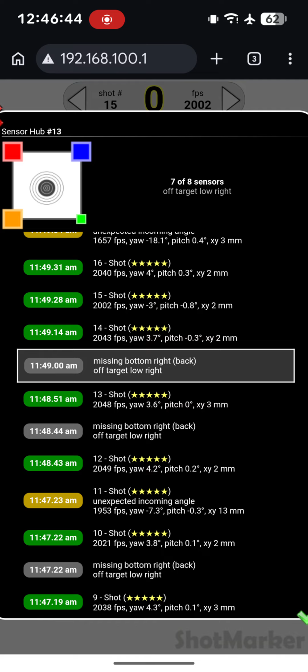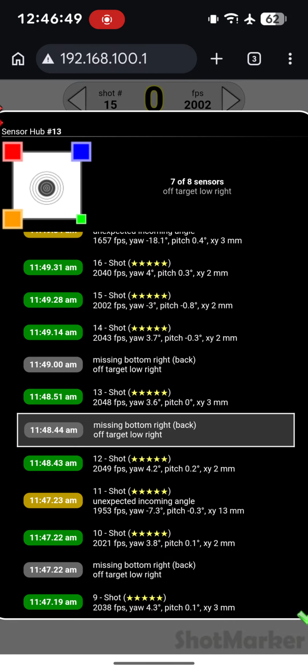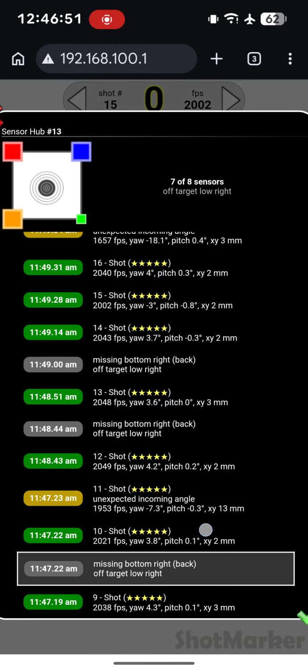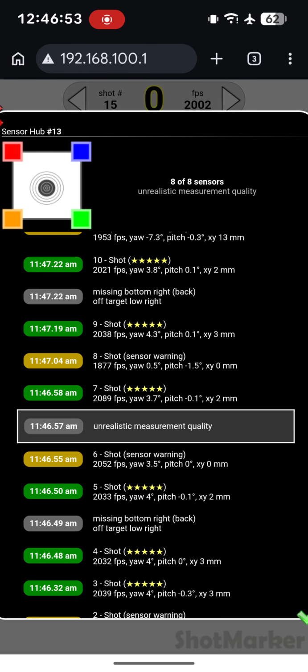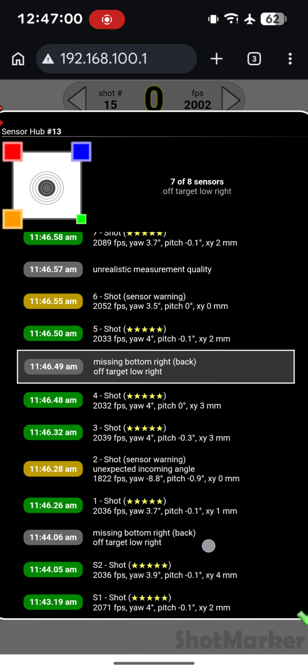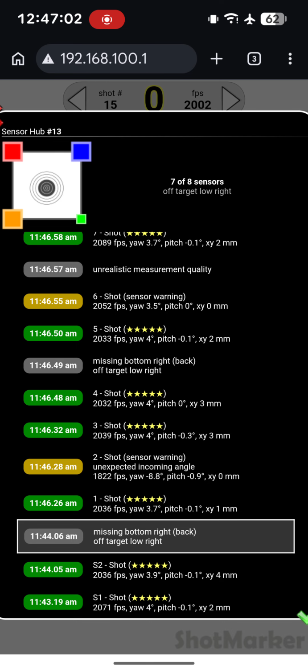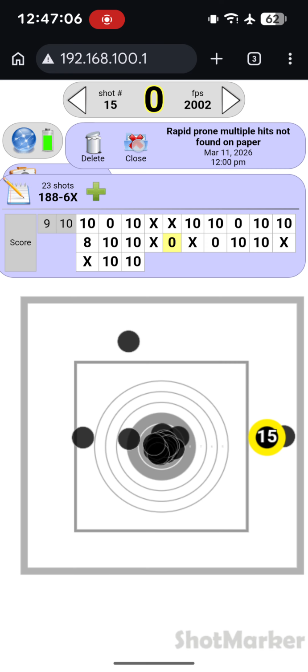So they're not recorded as shots, but they are recorded here in the sensor monitor, and it kind of is an indication of noisiness to me, but I'm still learning about this. So, all right, let's look at another one.